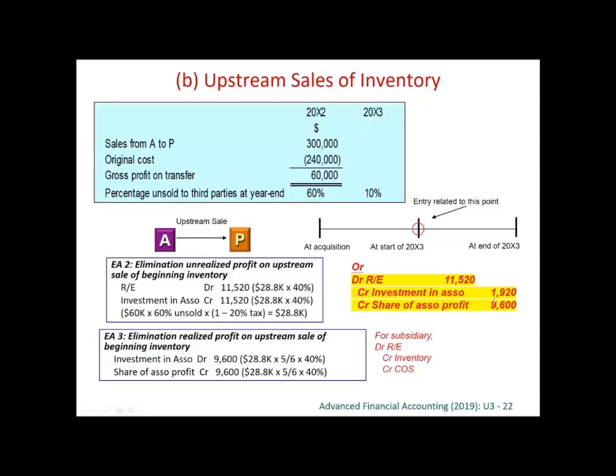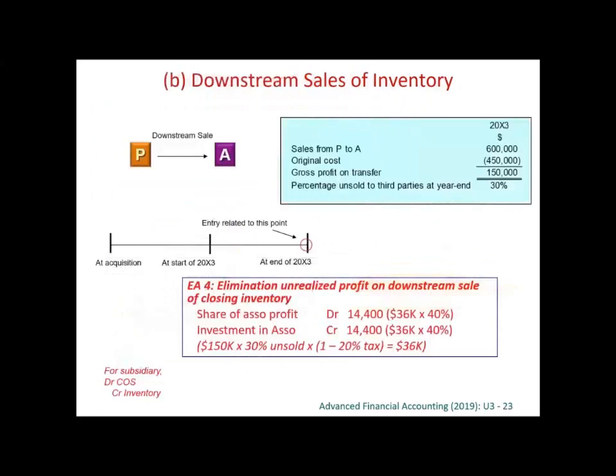You credit investment, which means you think that the net assets should go down. Not only for this one: for the current year intercompany transfer, you think that they have overstated the closing inventory. And therefore, the net assets should go down by 14,400, right?